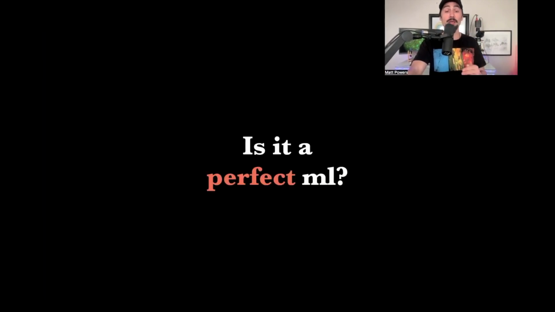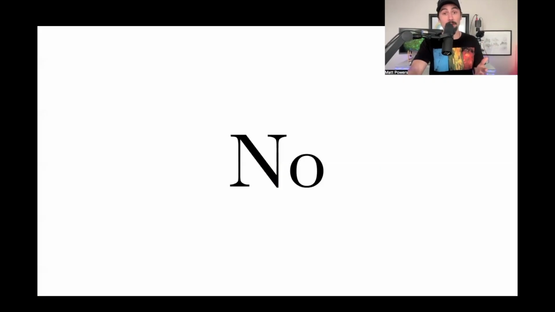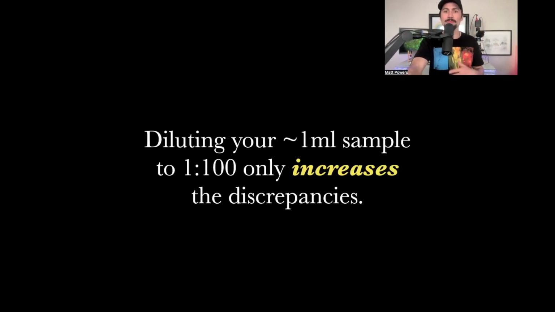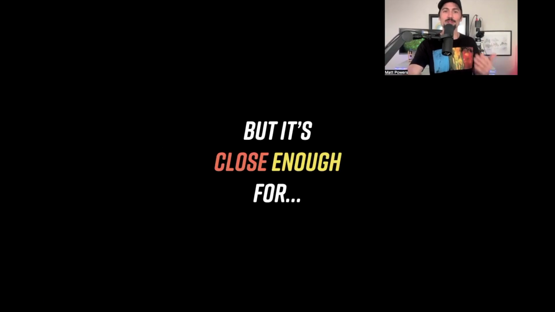So you need to recognize it's not a perfect ml. It's not a perfect gram either. They say 1 ml is equal to a gram. It's not really true at all. Diluting a 1 ml sample to 1 to 100 only increases the discrepancies.